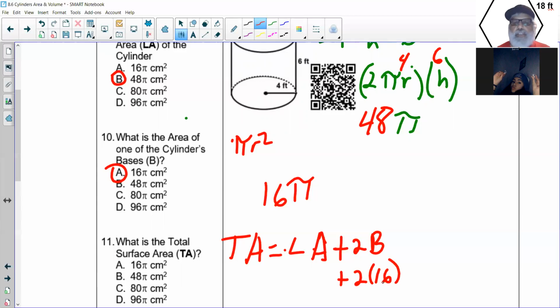So you put the 16 in there: 2 times 16 plus 48. Would it be 80? Yes.